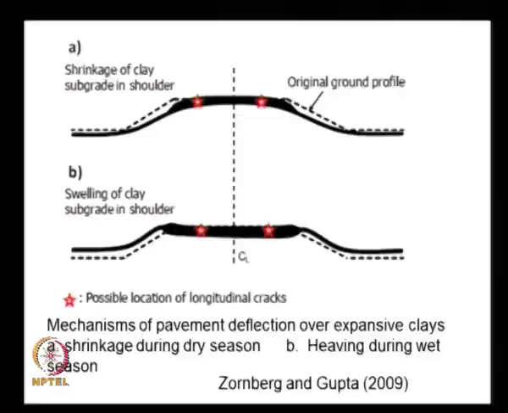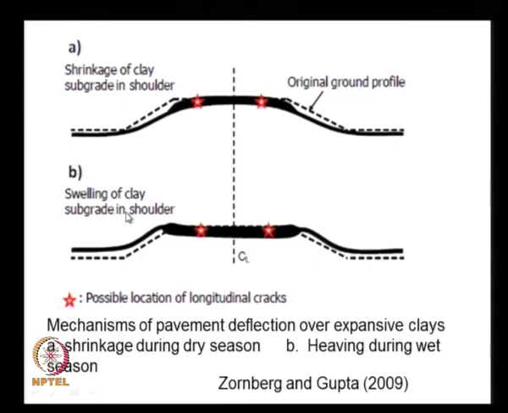So, this is what happens when the embankment soil shrinks, the volume reduces. Originally our road embankment is shown by these dotted lines like this, and because of the shrinkage, our volume reduces, and the new configuration of the embankment is like this, and the likely locations of cracks are shown here.